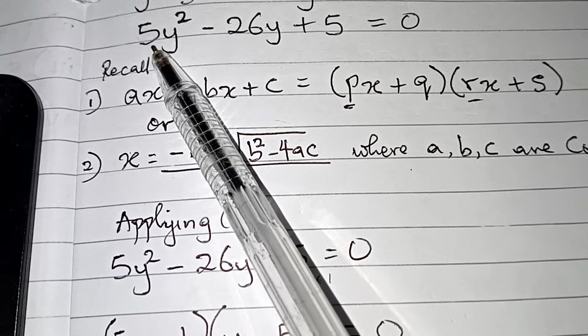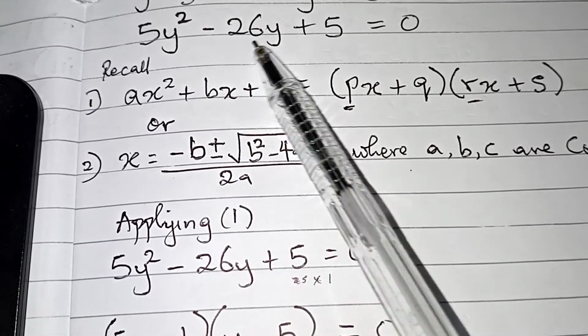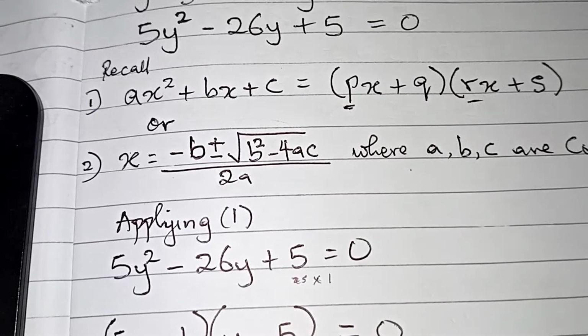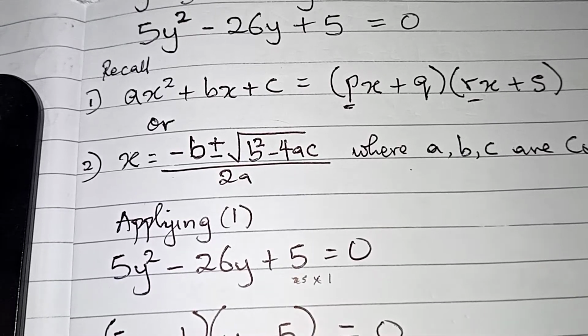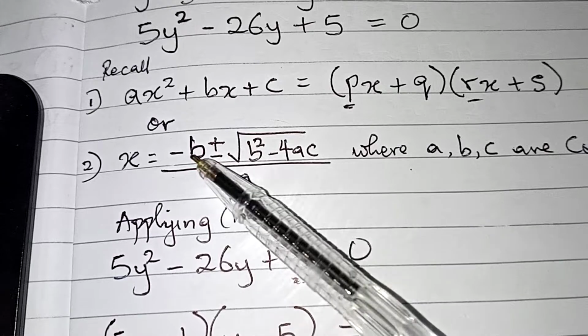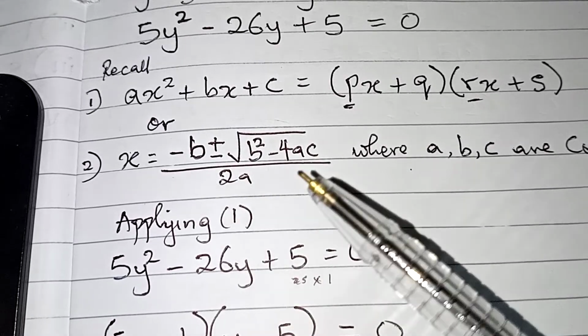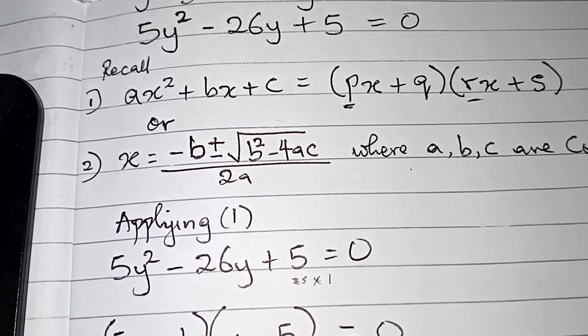So for this expression, this is our a, this is our b, this is our c, if you wish to do it. But I am applying one. You can still apply the formula. You will discover that your answer will still come out the same.